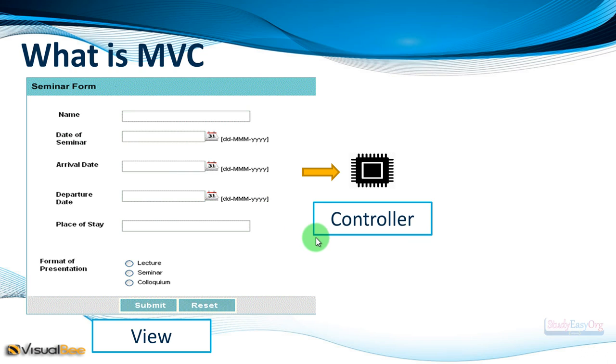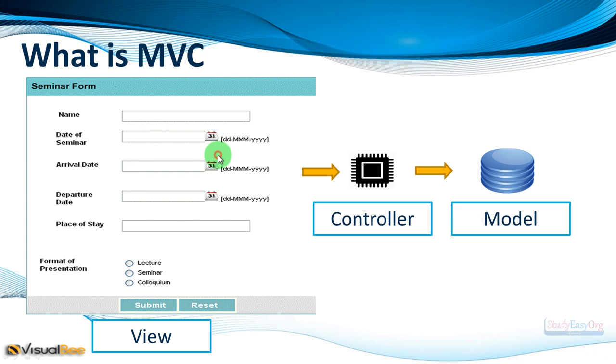So all the business logic which is implemented in the MVC pattern would be handled by the controller. So in this form, whenever we submit, if there is any calculation or any business logic needs to be implemented, controller will implement that. Finally, whenever we submit this form, it needs to be stored somewhere, and this storage would be done by the model.